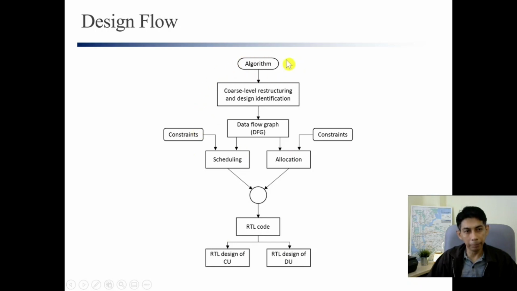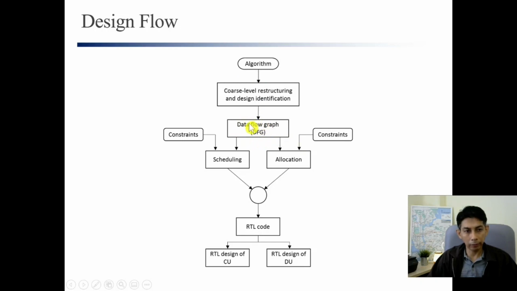So we have the algorithm, and with that algorithm we can do what is called the cost level restructuring and design identification. So we can modify the algorithm to produce a good hardware representation. We can see later on what this is, and from that we will translate this algorithm into what we call the data flow graph, or in short DFG.